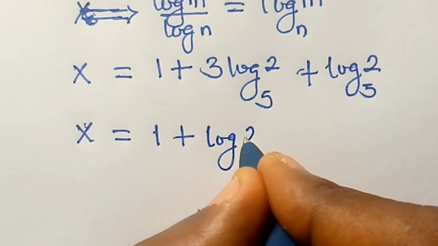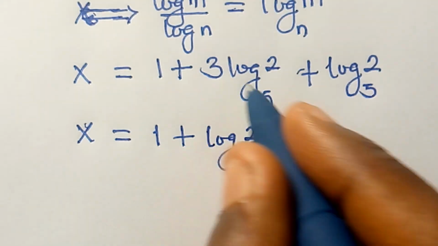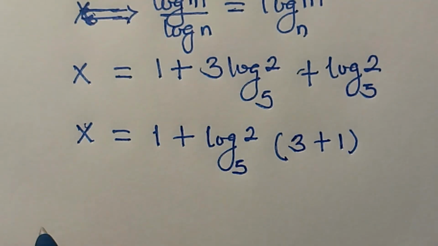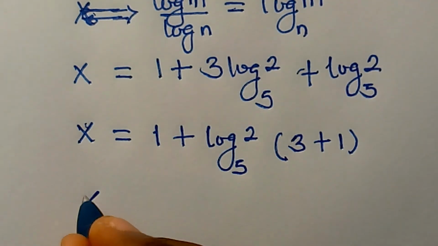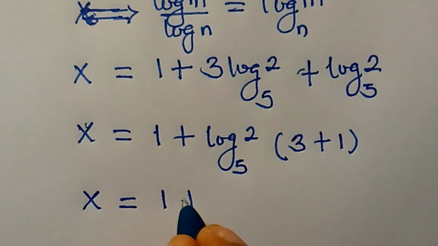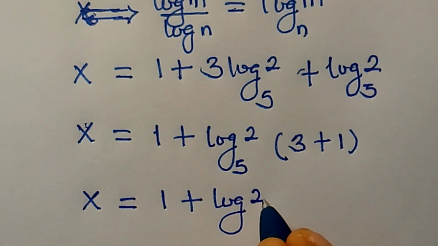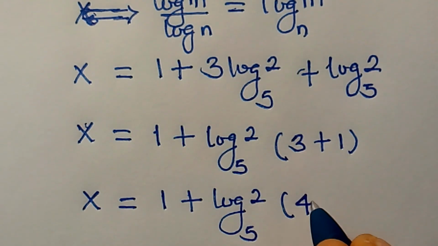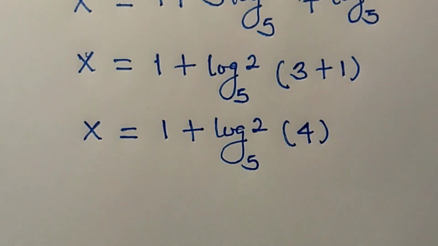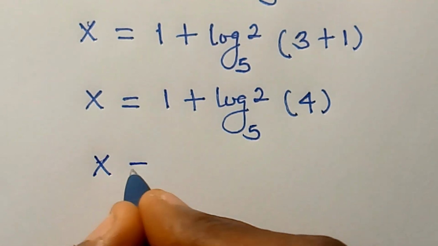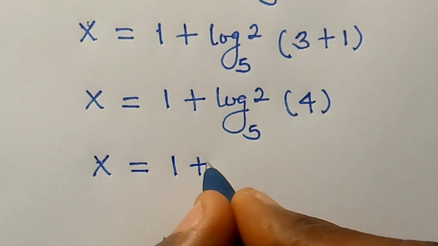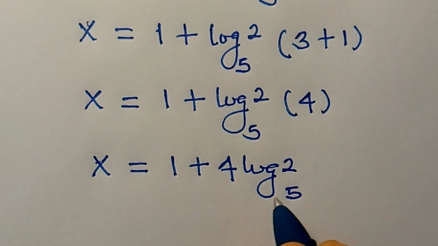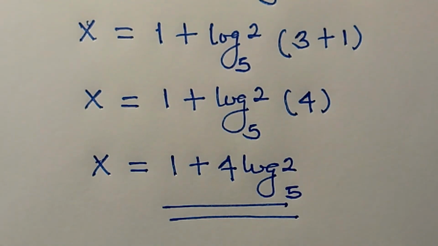What is left here? We have 3 plus, what is left here? We have 1. So 3 plus 1 is 4. If you multiply this together, we will have x equals 1 plus 4 log 2 in base 5. So this is our final answer.